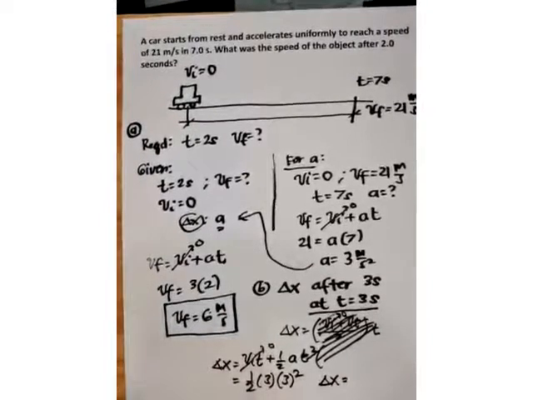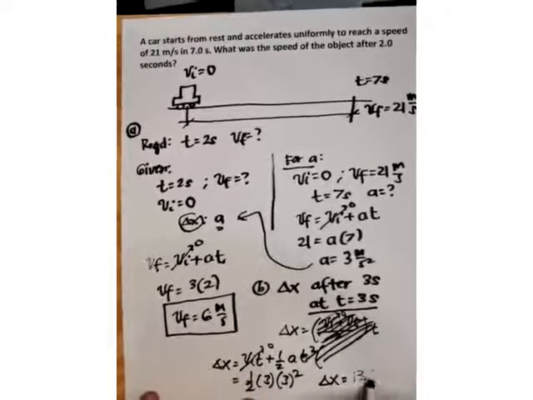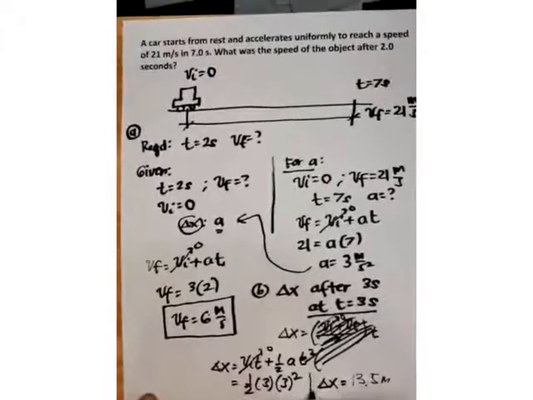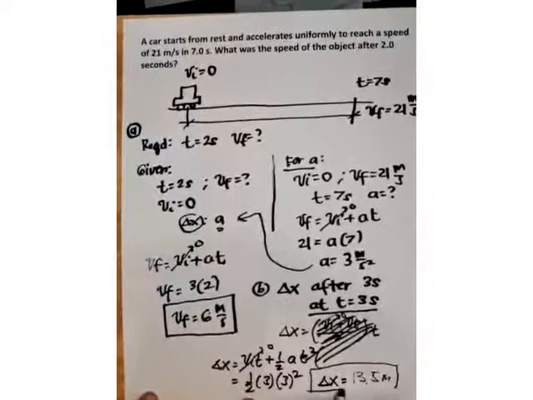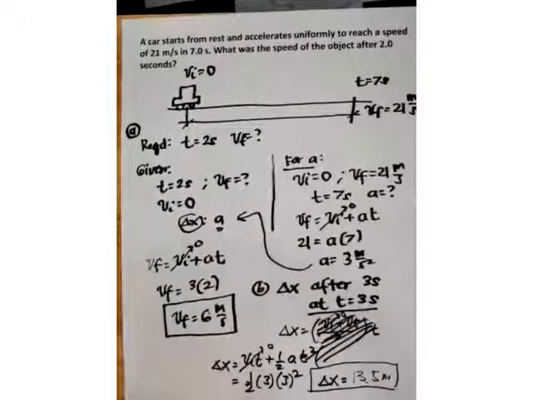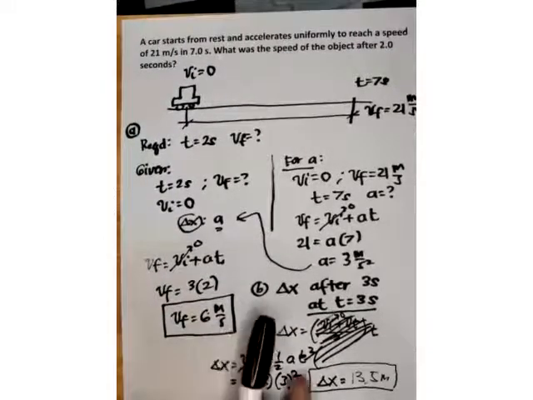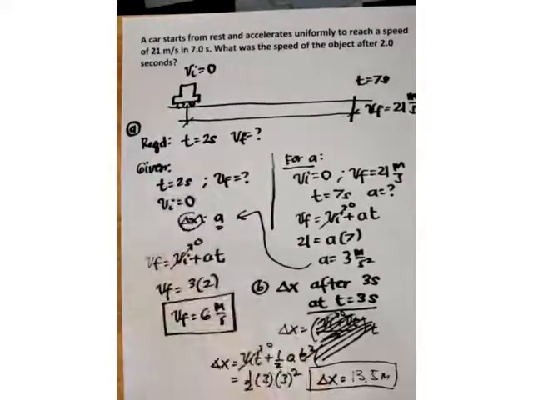Yes, may question? Po ba yung 6 yung V final? Yung 6 po. 6 meters per second po. Di po ba yung V final yun? Ang 6 meters per second, V final siya ng 2 seconds. Sinadya mo palitan yung time.